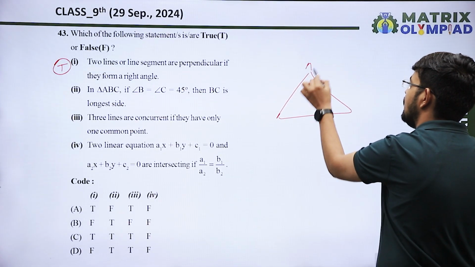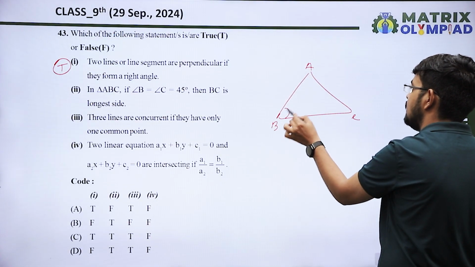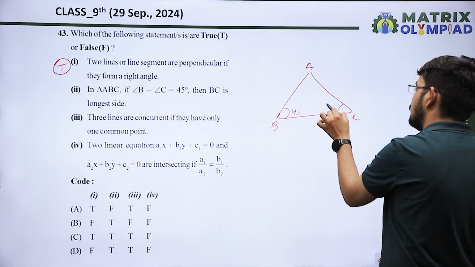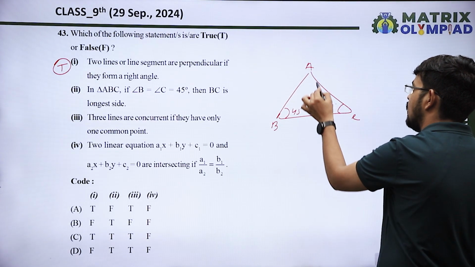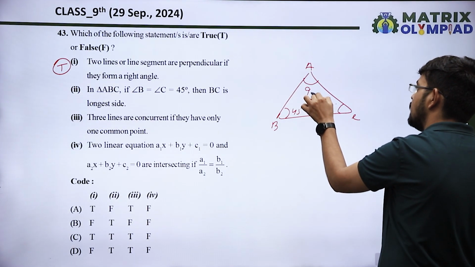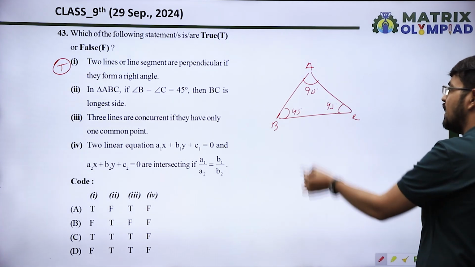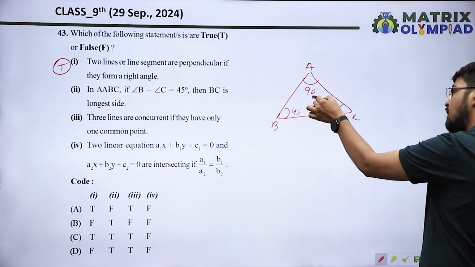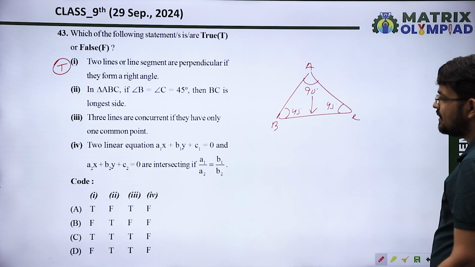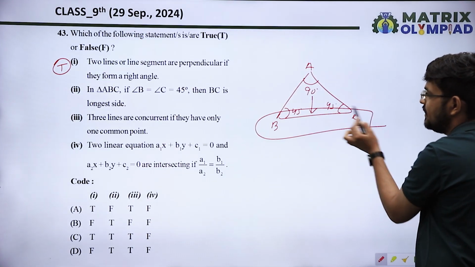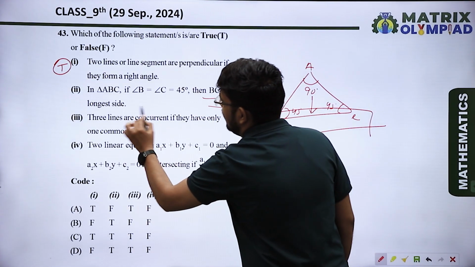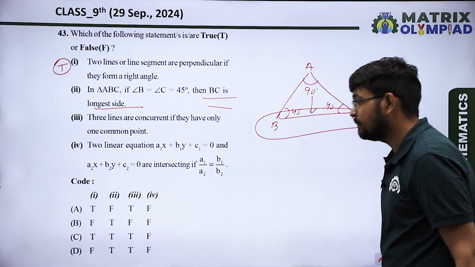So in triangle ABC, if these are 45 degrees, by the angle sum property, the angle A will be 90 degrees, and the side opposite to the largest angle is the largest side. So BC is the largest side. Yes, BC is the longest side.